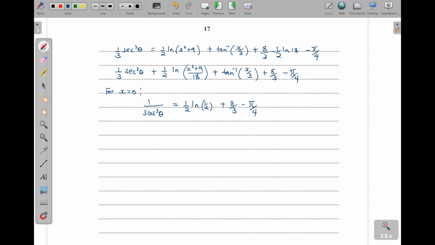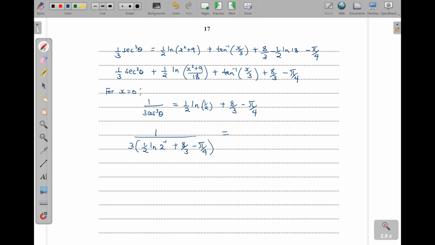So when we cross multiply, I can take this one here, then the cos cubed. So meaning 1 over 3 will multiply with everything here. So we shall have a half, then the natural log of 1 over 2, which I can write as 2 power negative 1, then plus 8 over 3 minus pi over 4.